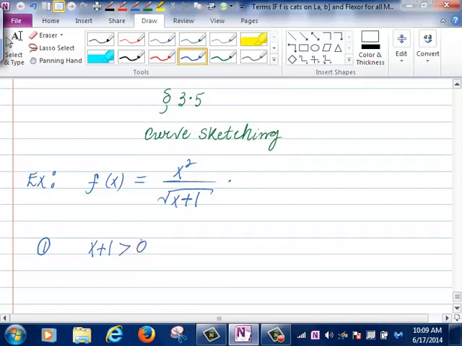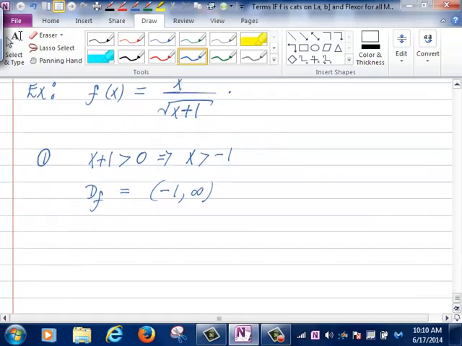Positive, not non-negative. So that implies that x has to be larger than negative 1. So then what we get is that the domain of this function is everything from negative 1 up to infinity. Is everybody okay with that?